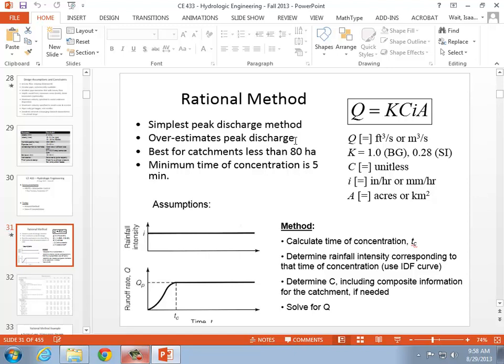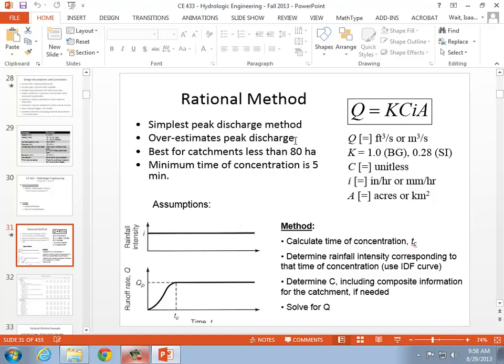So that K value is 0.28 because there isn't that same serendipity of inches times the conversion of hours to seconds times how many feet in an acre. It just sort of works out in the traditional units.